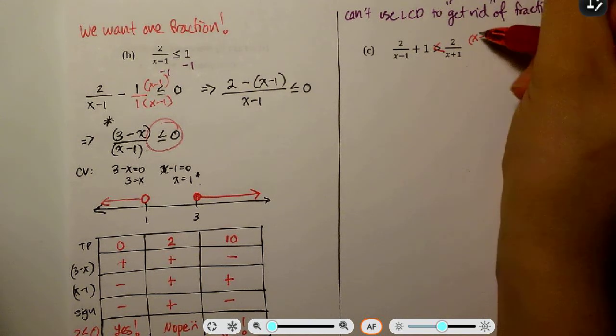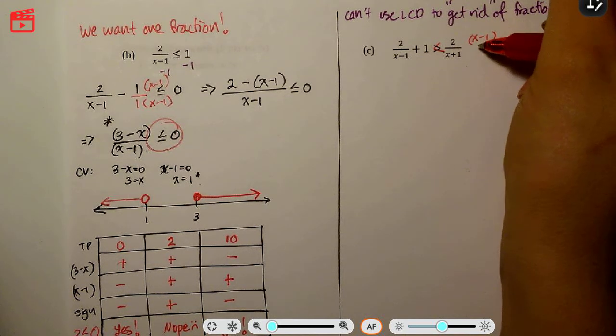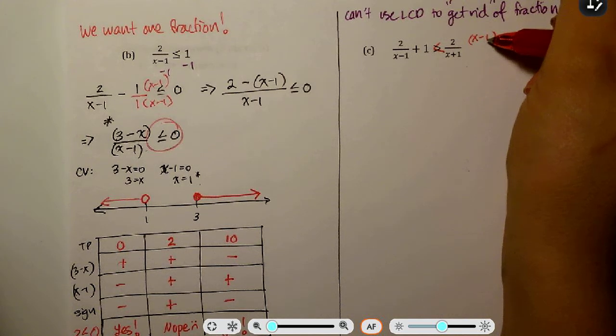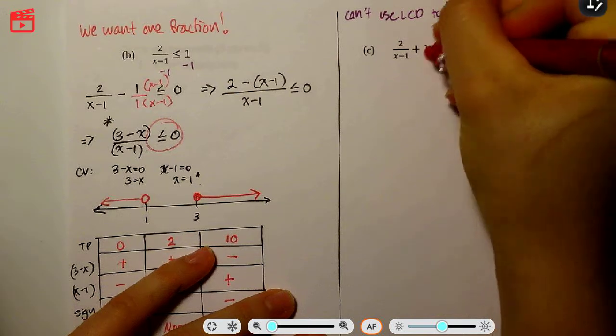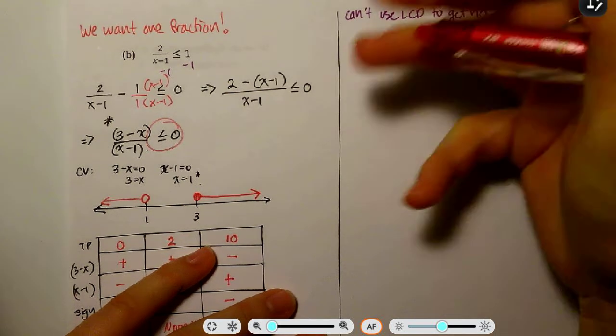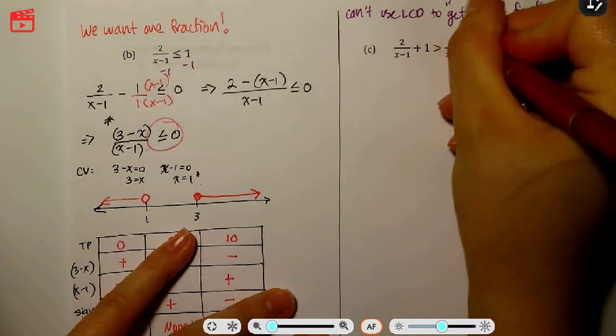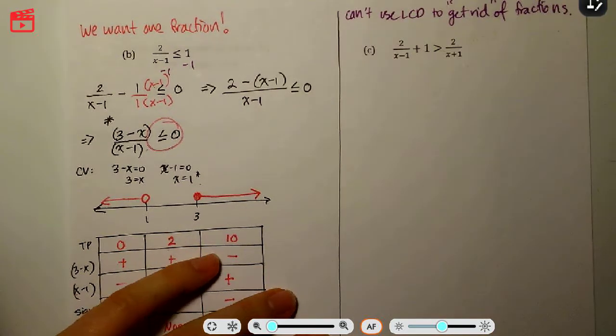I don't know the answer because I don't know what x is. So because of that unknown, and that we don't know if x is a positive or negative quantity, we have to keep the fractions. Okay? So we cannot just get rid of the fractions like we could normally do with equations. We have to keep them, sadly.